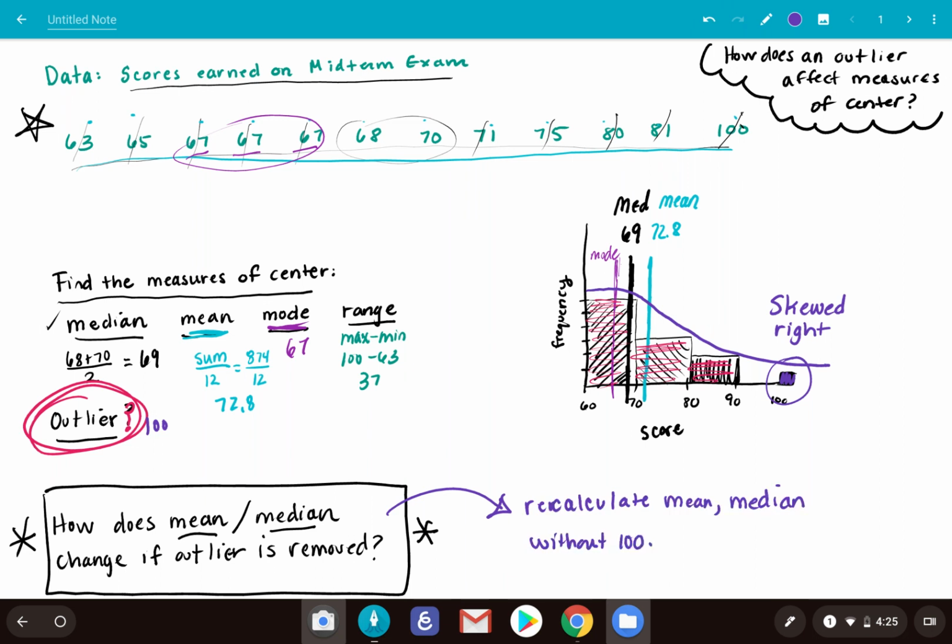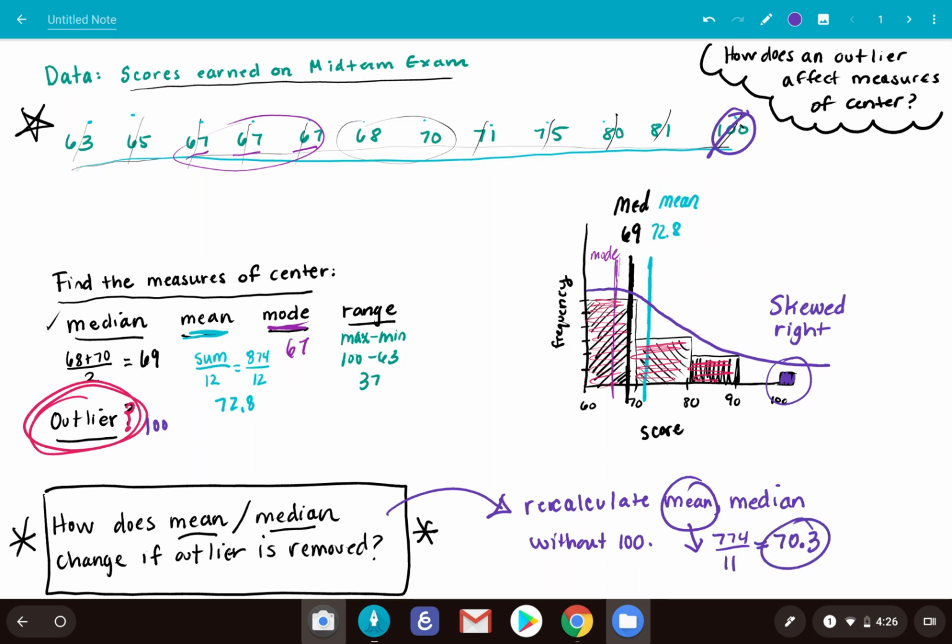So if I were calculating my mean without the 100, that's going to be 774 divided by 11, because I removed this 100, so there's only 11 terms now. So my new mean without my outlier included is 70.3.